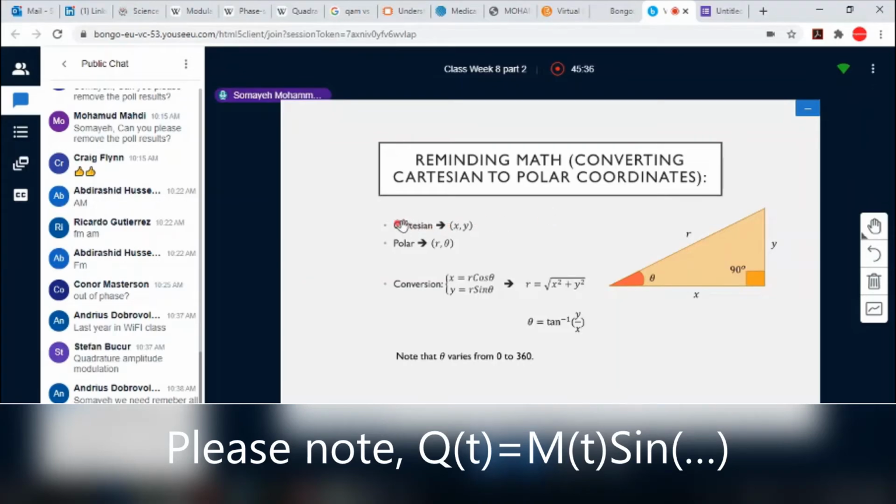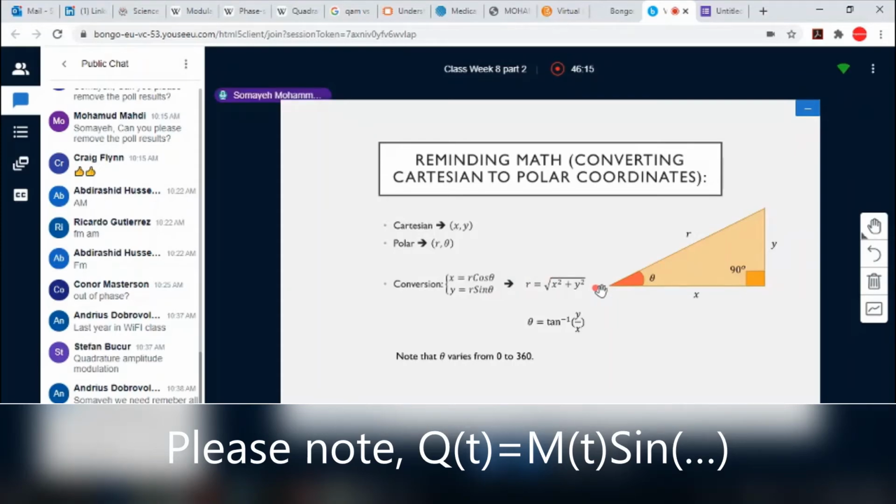From the Cartesian point of view, we would say we have x and y. From the polar perspective, we would say we have r and theta, and the relationship between them would be this conversion that I have here. So x would be equal to r cosine of theta, and y would be equal to r sine of theta. And then we have this relationship. What is this relationship called?